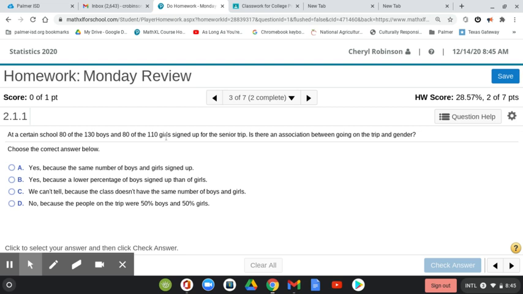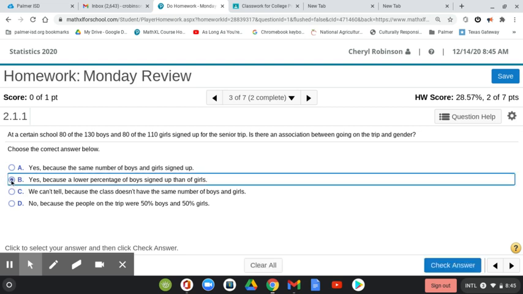So, yes, there's an association because a lower percentage of boys signed up. Now, if the numbers were different, then you would look at the ratios. If the ratios are the same, then you would say, no, there's not an association because they have the same percentage.